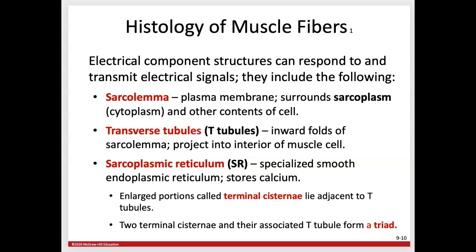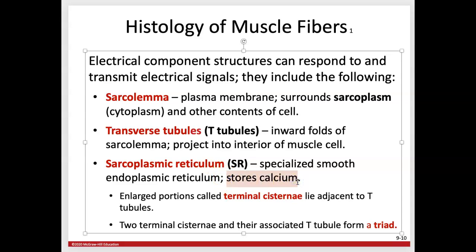The sarcoplasmic reticulum is specialized smooth endoplasmic reticulum, and this is important. This is where the calcium of the muscles is stored. So calcium is stored in the sarcoplasmic reticulum.